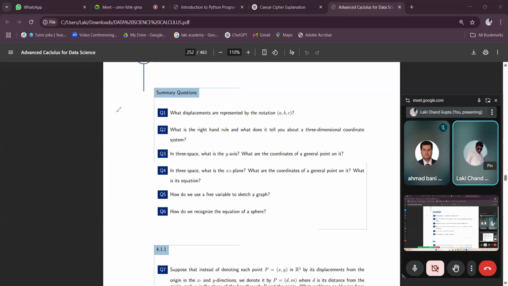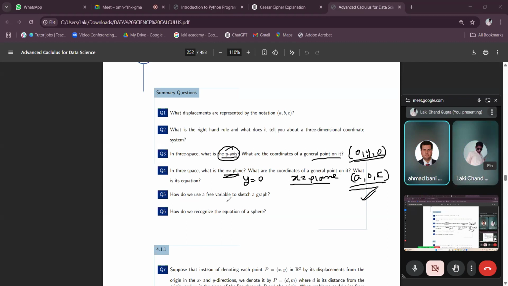In three-space, what is the y-axis? The general point is 0, y, 0. Okay, because it is asking about only the y-axis. What is the xz plane? The xz plane is a plane when y is equal to 0. It means that on the xz plane you have points on the x and z axes, right?